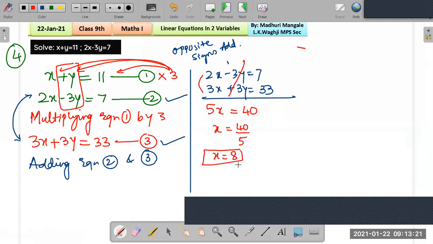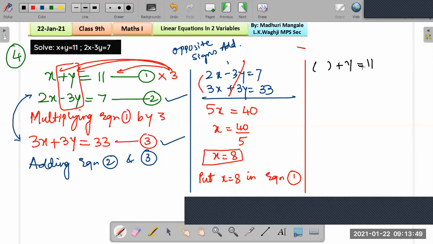Isn't that easy? Now substitute this value of x in any one equation. Put x equals 8 in, let's say, equation 1. Why are we selecting equation 1? Because the coefficients are simple. It's 1 and 1 over here. So put x equals 8 in equation 1. So it's x plus y equals 11.